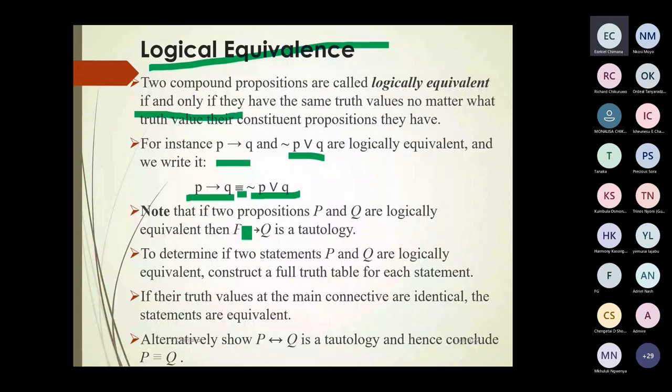They might be on the same truth table, but you must have a column for this and a column for this. If their truth values at the main connectives are identical, the statements are equivalent. Alternatively, show P implies Q and Q implies P is a tautology, and hence conclude that P is identical to Q.